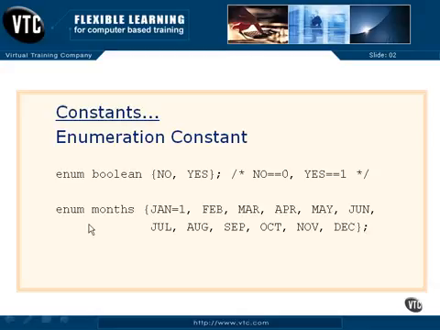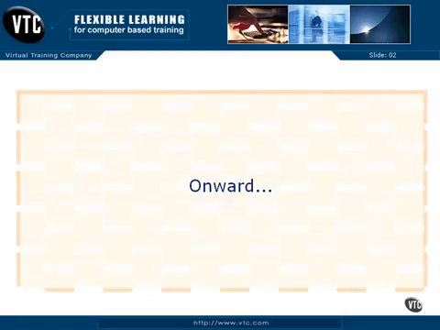And we'll see later in some of our programs how you actually use something like this. But it's a good way of getting values into your code that are easily set up, and you don't have a bunch of #defines and things like that kind of cluttering up your code. So enum is a nice thing to be able to use. And we're going to move onward to other types, operators, and expressions.